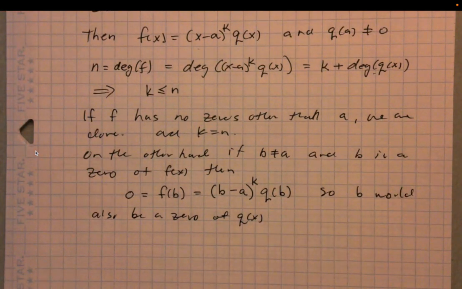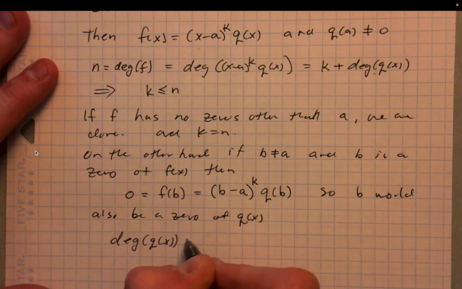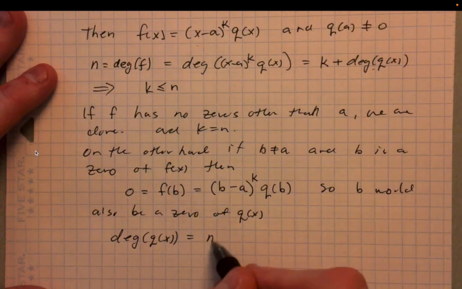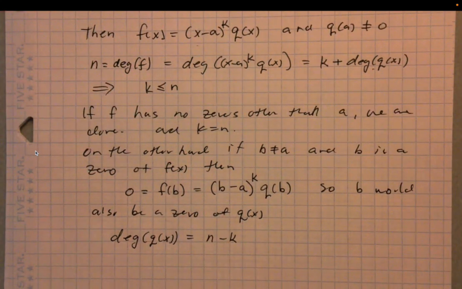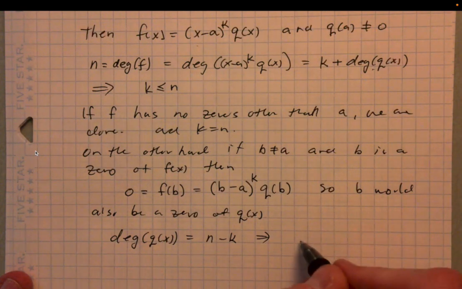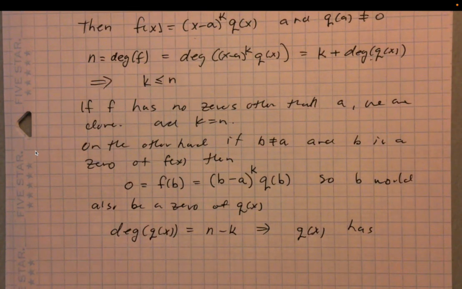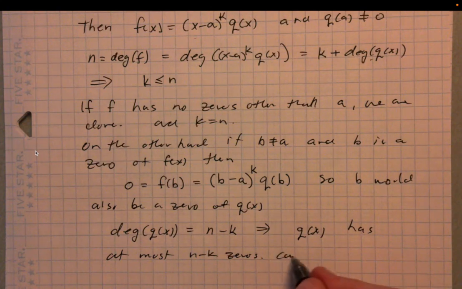So we know that the degree of q of x is at most n minus k, right? Counting multiplicity. Right, and so that means that q of x has at most n minus k zeros. Okay, counting multiplicity.